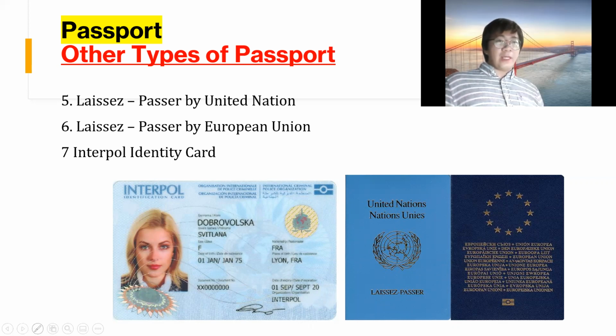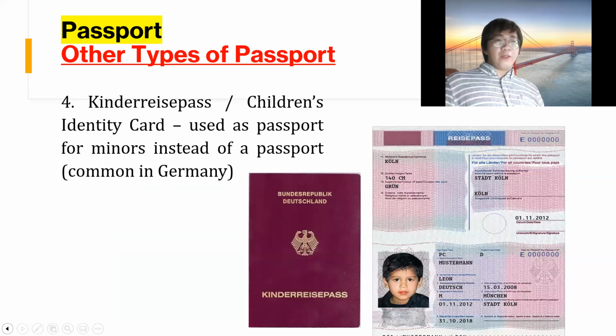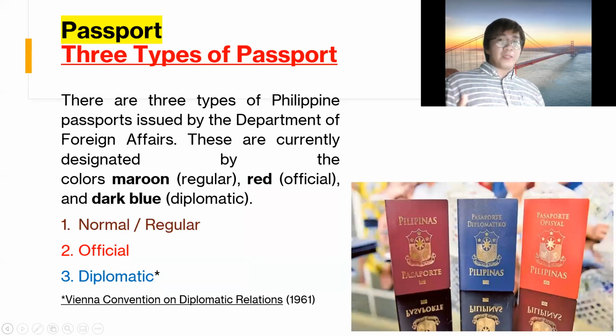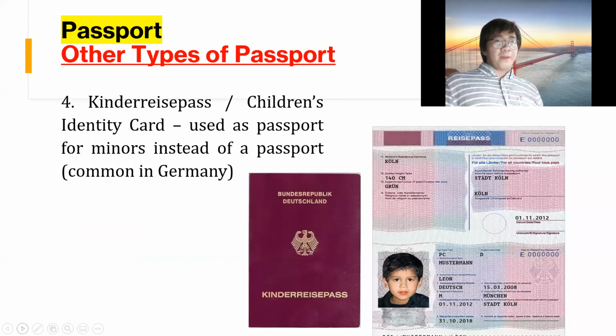Again, recap. When you travel, you can use the following. You can have the passport, either the normal, official, or diplomatic. Now, there are some countries that don't have official, it's the diplomatic or the regular lang. For US, I'm not certain, but they have diplomatic. Next is the Kinderpass card or children identity card.